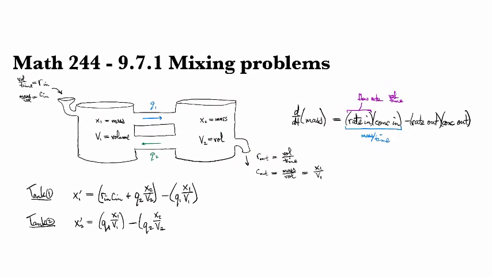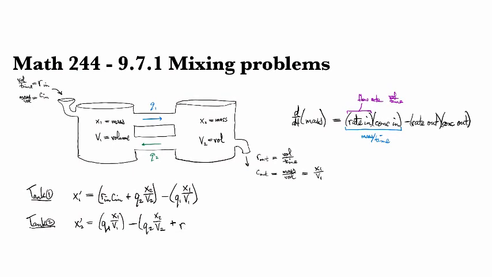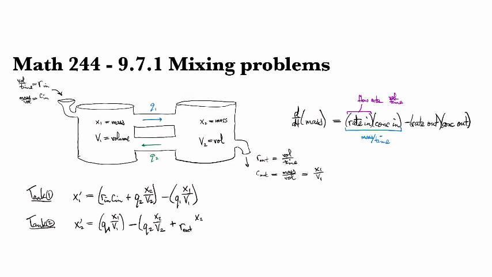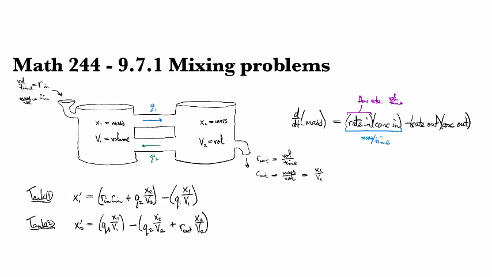So we need to take into account R out times X2 over V2.